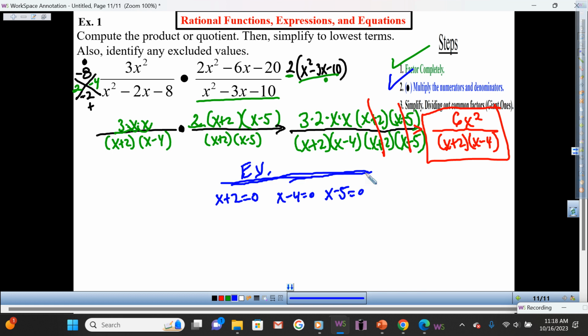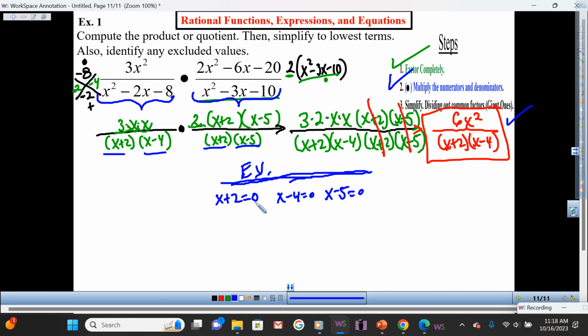Now, taking you back to last week, we got our excluded values from our ending product, right? But in this case, we start looking at the denominator here. What are the two of them? There they are. How about what are the factors for this one? So these are our 4 factors, yes? Do we need to write x plus 2 twice?